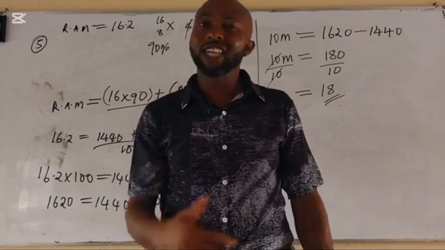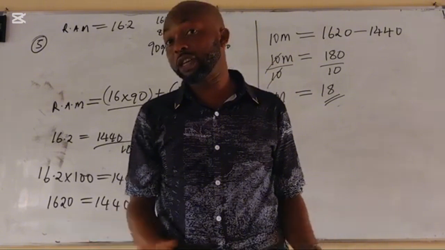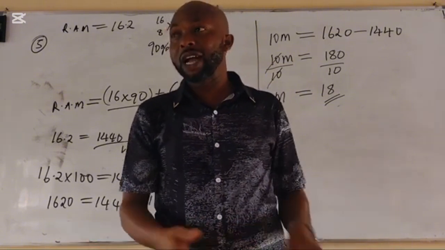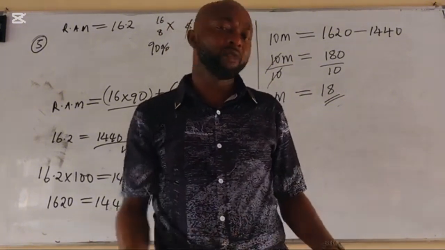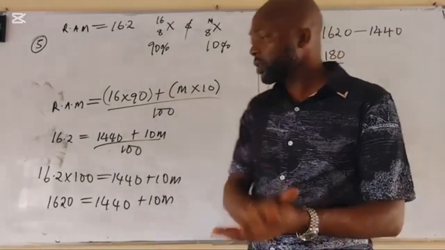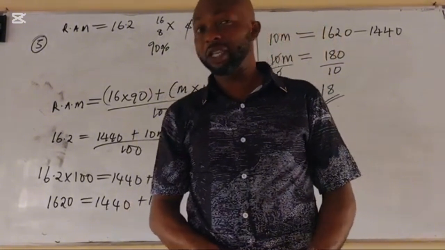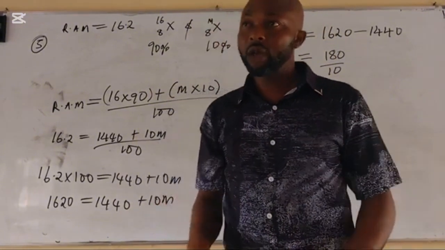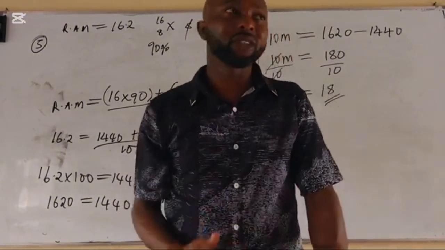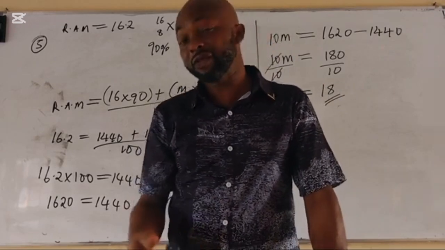And we've been able to relate the two principles which we can use, that of the ratio and the percentage abundance. Any of them that you come across, sometimes the question may not be straightforward, just like this one, but you should also remember your change of subject of formula, which is very important in mathematics. Like I said earlier, without a fervent knowledge of mathematics, we find it difficult to move around in chemistry and even in physics.